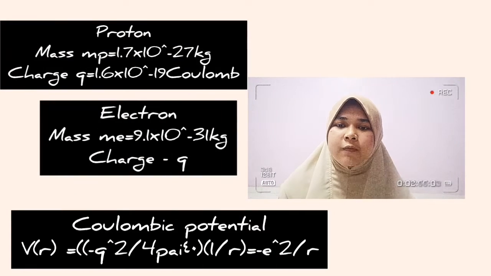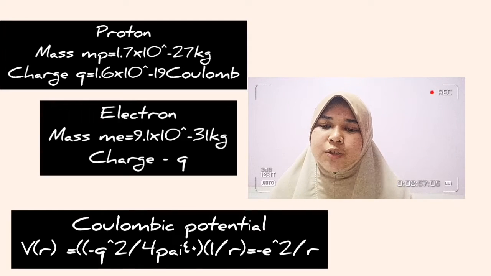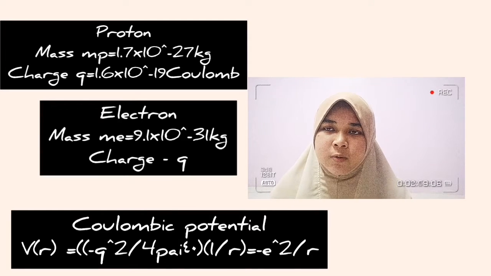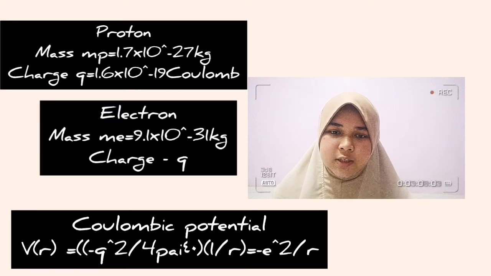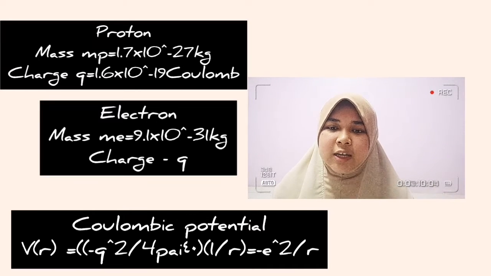Before that, we know that the hydrogen atom is a system which consists of a proton of mass mp equal to 1.7 times 10 to the power of negative 27 kilogram and charge q equal to 1.6 times 10 to the power of negative 19 coulomb, and an electron of mass me equal to 9.1 times 10 to the power of negative 31 kilogram and charge negative q.